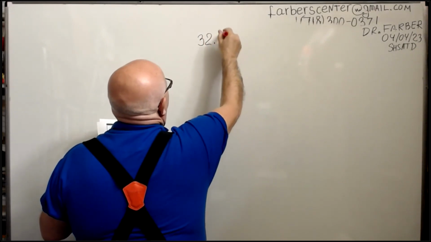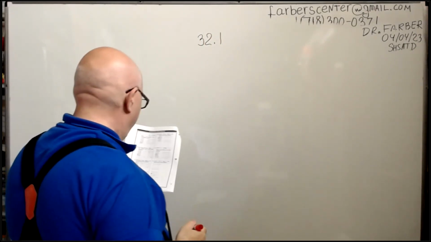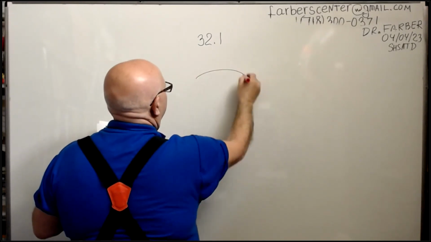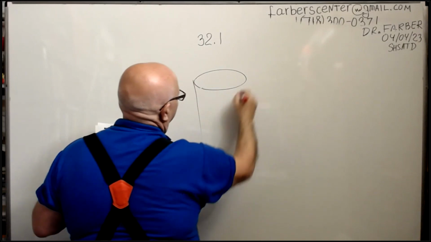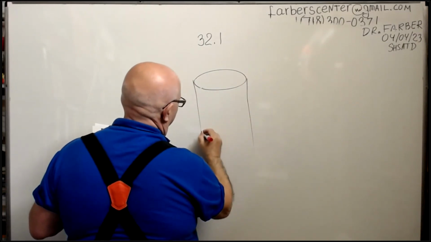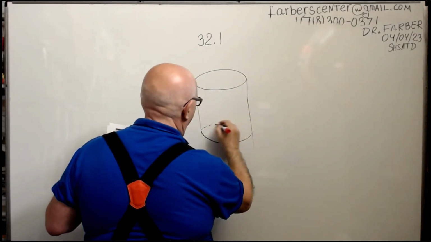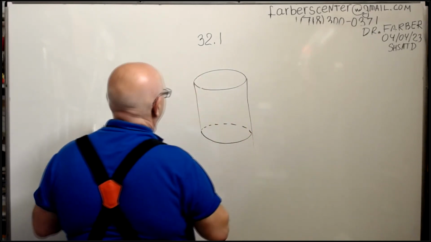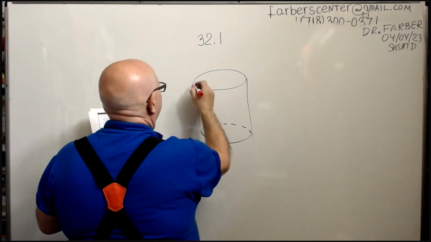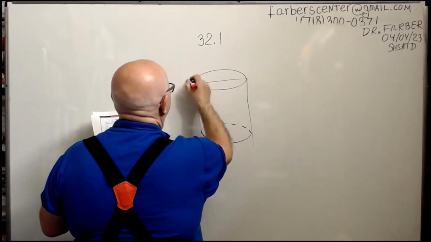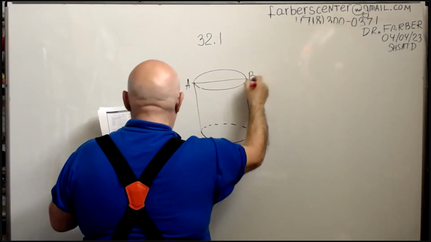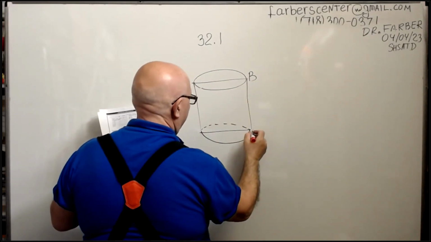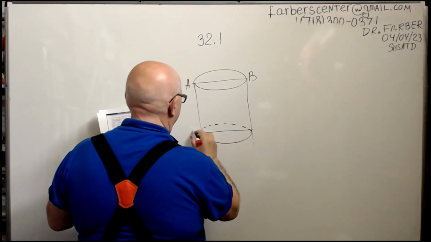Well, step number 1, regardless, you have to make a picture. And they said they have a cylinder. Let's make a cylinder. Practice making these pictures. Okay, imagine this is a cylinder. And they provided this diameter, which is AB. And they provided this similar, it's supposed to be here, DC.